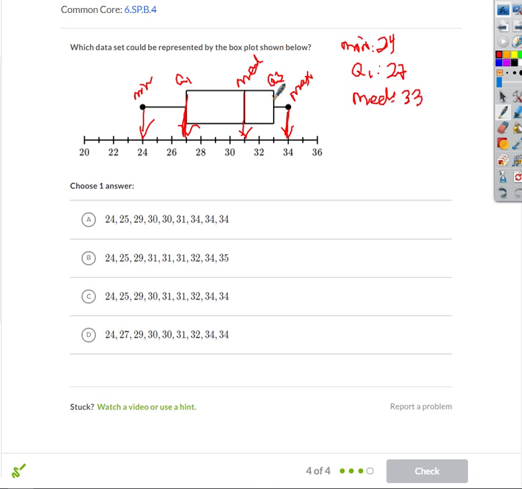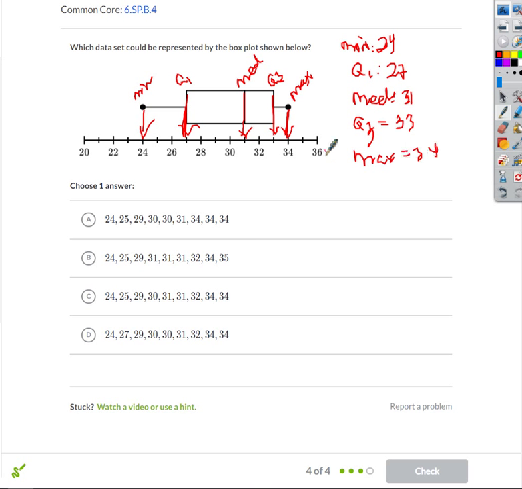And then Q3 is right here at, the median was 31. Q3 is 33. And then the maximum is 34.